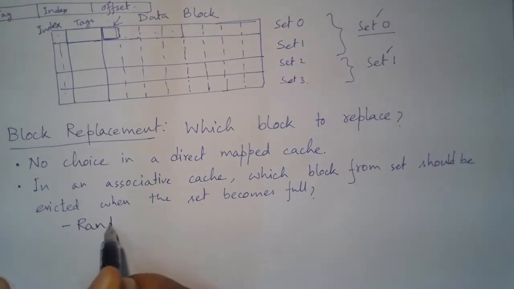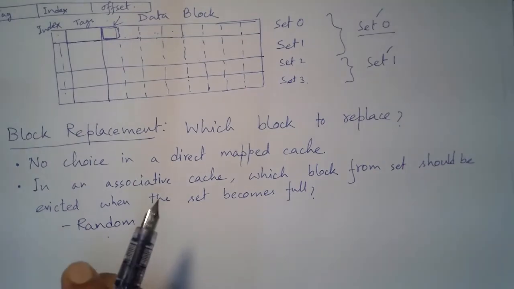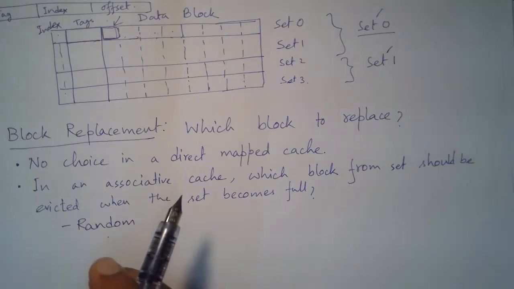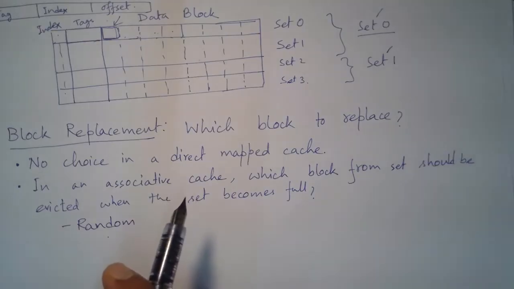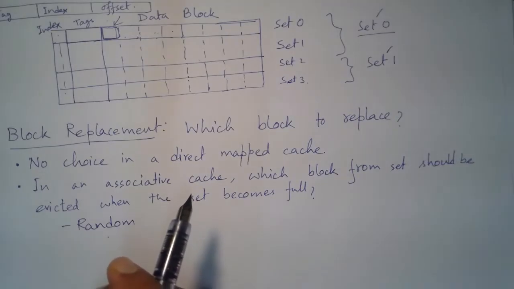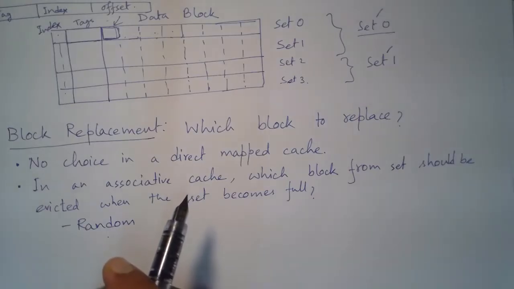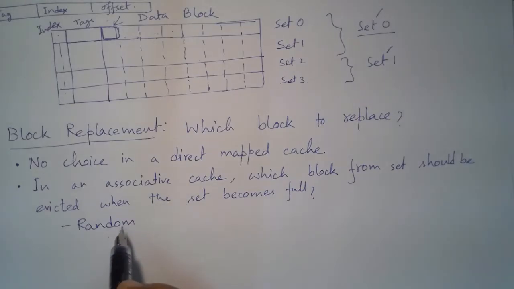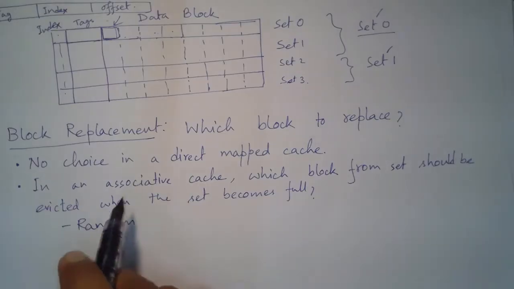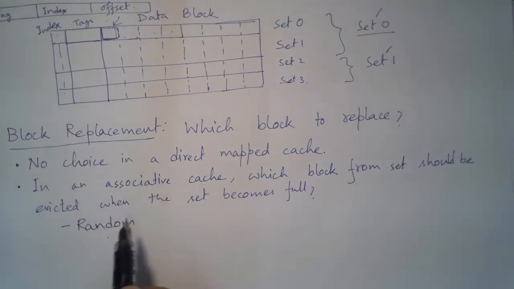And you will know, if you study about it more, that though it sounds like, oh, I am randomly replacing, the performance is not very compromised in case of a random replacement strategy as well. So it's a very viable alternative. You can just randomly replace one of them and get along with it, and you will not have too much difficulty.